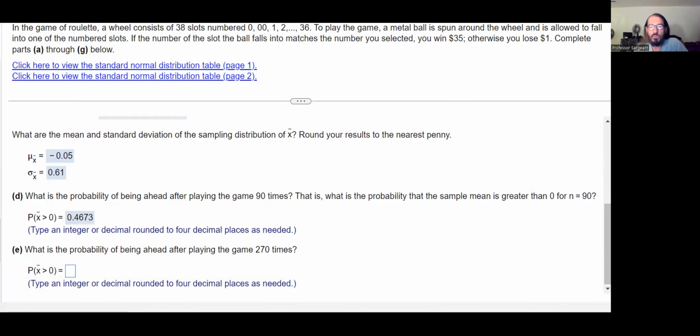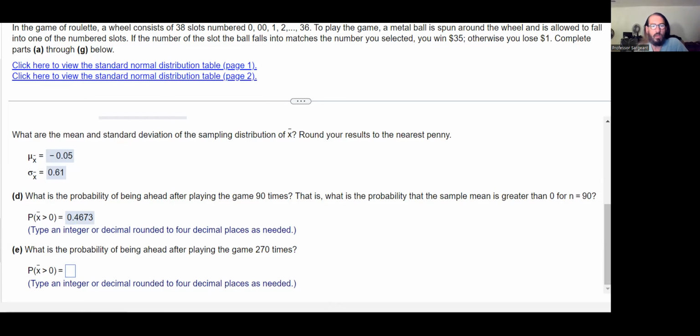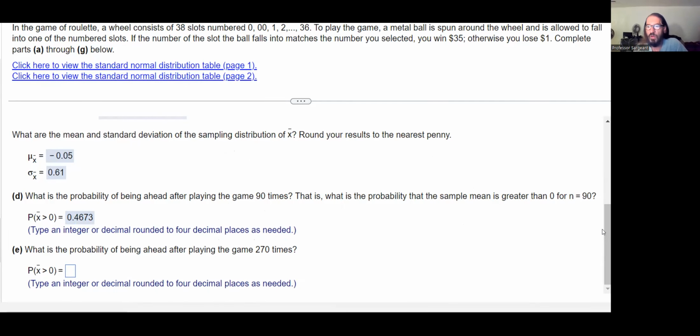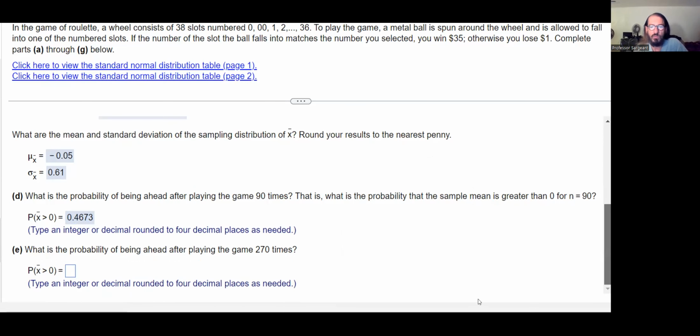So what if we went up to 270 games? Okay. Well, sigma was originally 5.76. And now, talking about n being 270. Let's look at n again. 5.76.